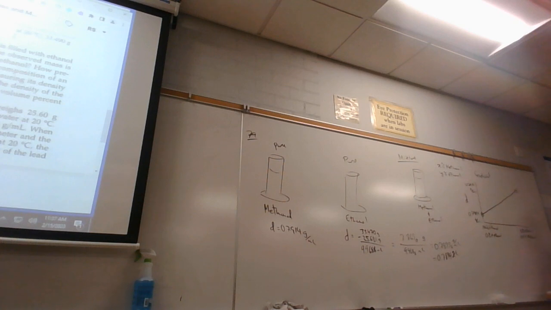And so if we have this, then we can come up with a law of the density of this mixture. What is the law of the density of this mixture? Well, the law is typically a simple empirical equation. An empirical equation is a mathematical equation that describes the trend that we see.